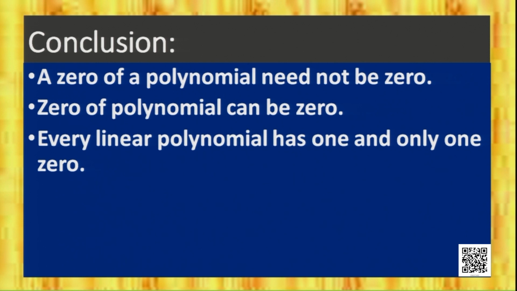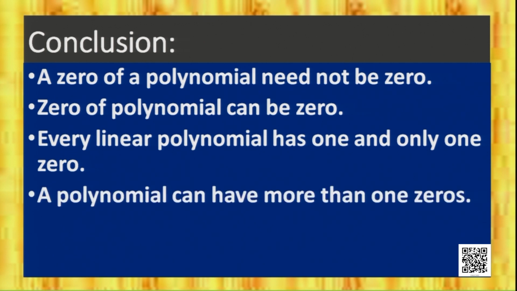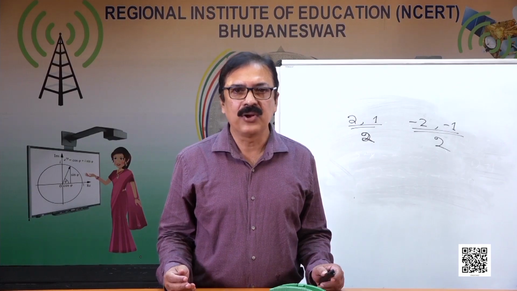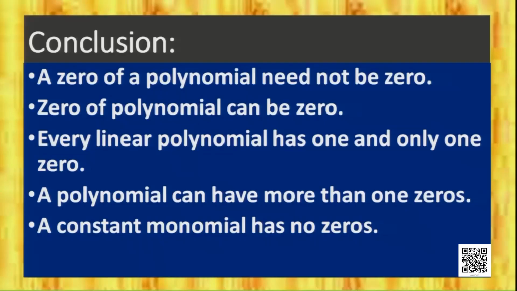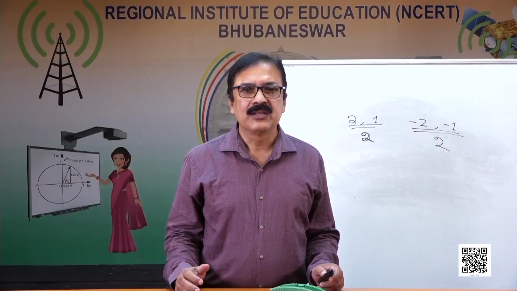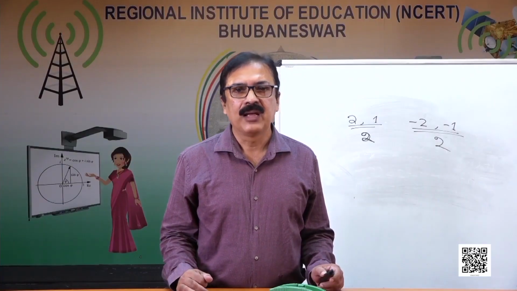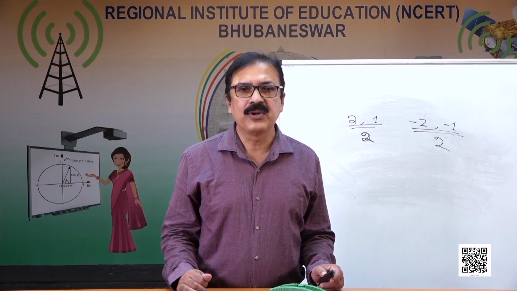Every linear polynomial has one and only one 0, and a polynomial can have more than one zeros. As in case of quadratic polynomial, we saw two zeros, and a constant monomial has no zeros. Now let's see some quick look at the examples.